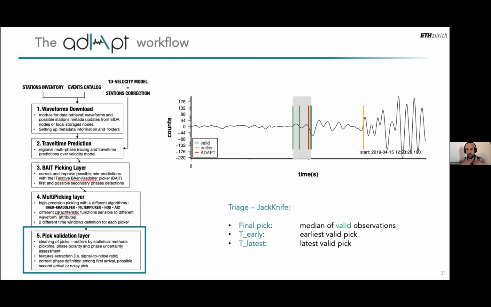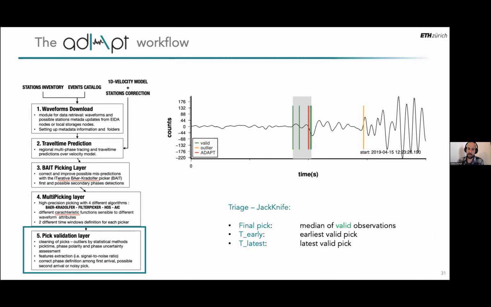Then what do we do with this pool of observations? We pass them through the pick validation layer of our system, where we are able to discern between valid and faulty observations through a statistical jackknife approach.